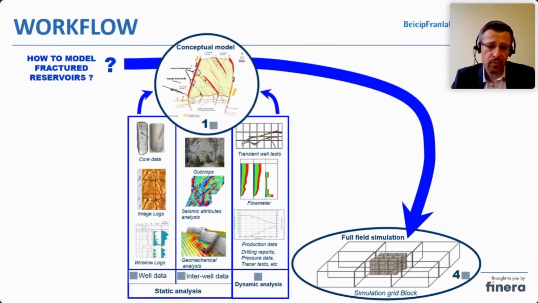We compare this information with the well information to make sure that there is consistency between the two approaches when wells cross-cut faults seen on the seismic. So here, in this first step, we define a conceptual model that includes all of the fractures that have a role on production in the field, their organization, distribution, and controlling parameters.